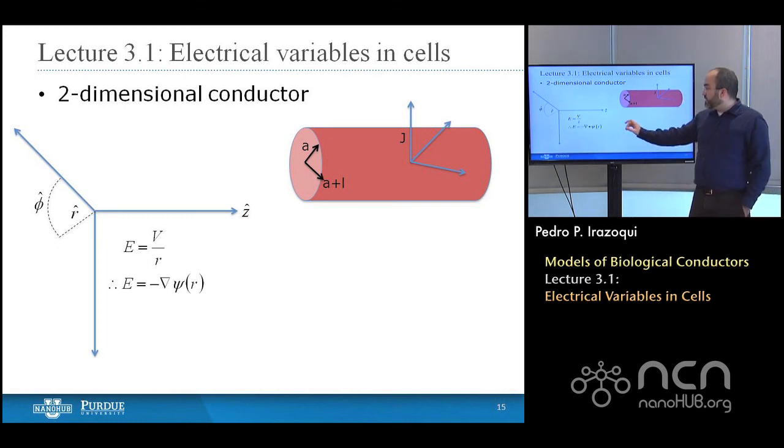And therefore we could describe the electric field as the negative value of the gradient, negative because the electric field points in the direction of decreasing voltage.